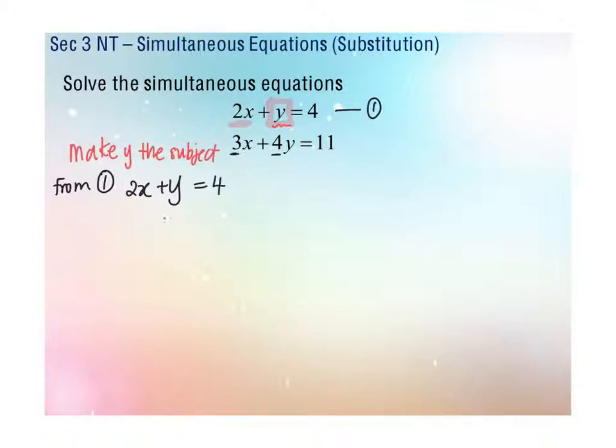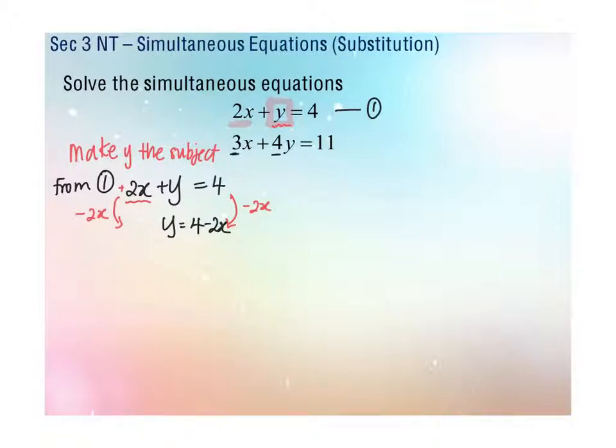So I'm going to keep y over here, but I need to get rid of 2x. How am I going to get rid of 2x? This is plus 2x, so I'm going to subtract 2x on both sides. And in this case, we will have y equals 4 minus 2x.